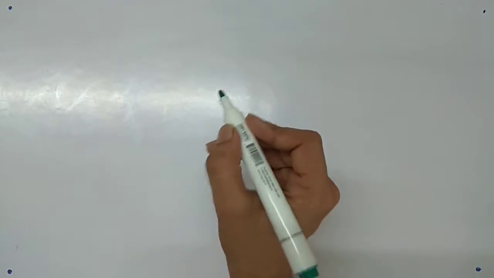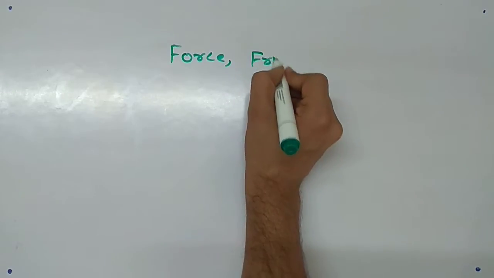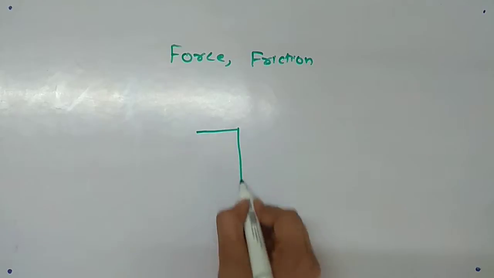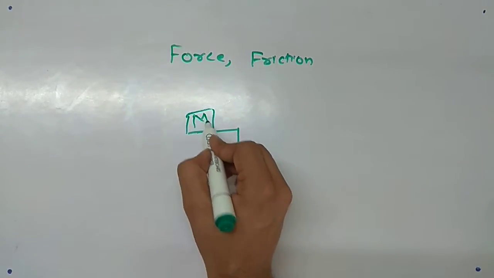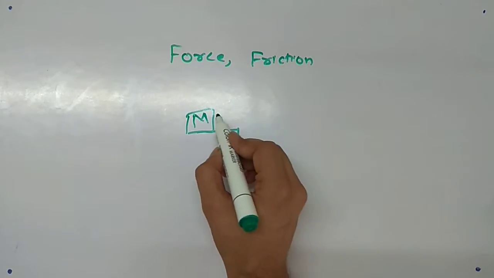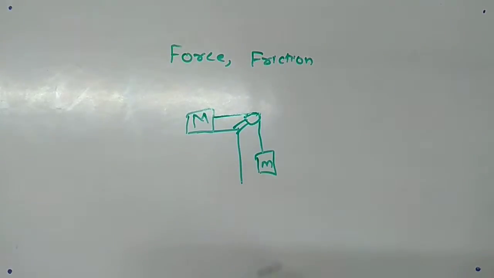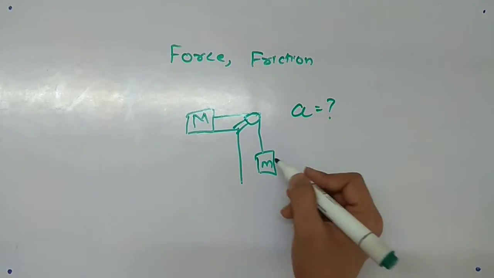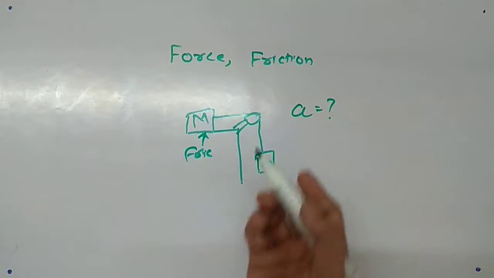So the question is actually related to force, friction. Do you remember, have you seen a question like this, that there is a table object of mass m, then a different object of a different mass, they are connected through a pulley, and then we have been asked what is the acceleration, or what is the frictional force here, or what is the tension in the string.